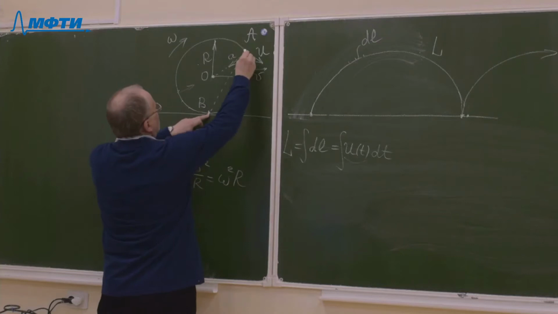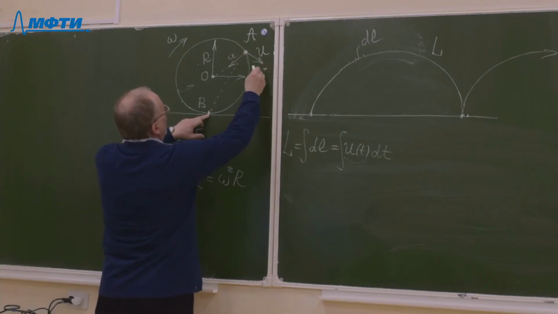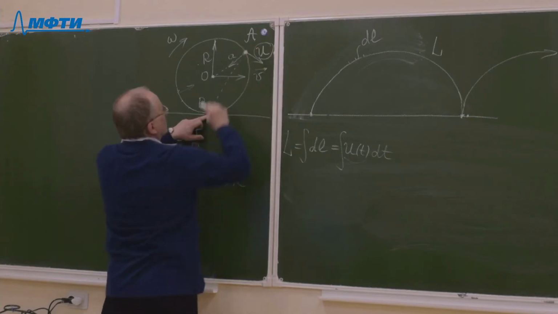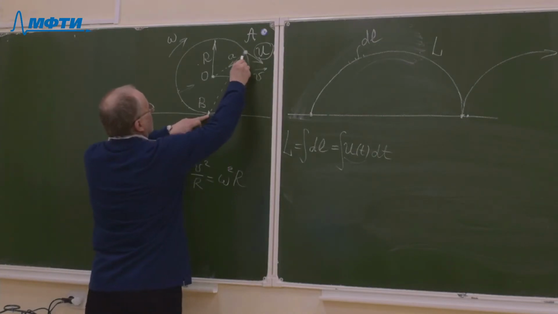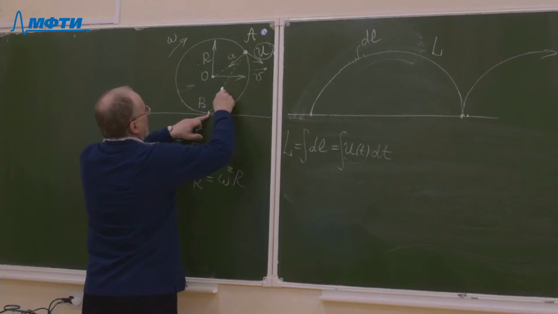And so in order to find the velocity of point A, in order to find this quantity u, I have to take into account this distance. This distance, let it be denoted by d.